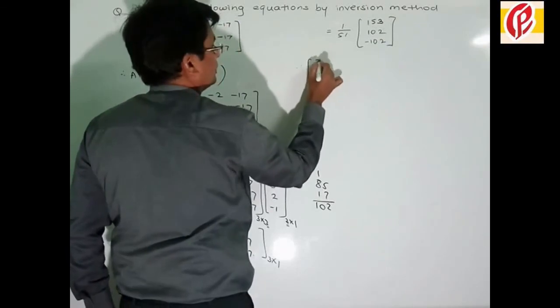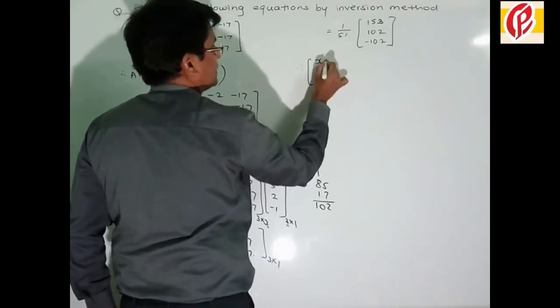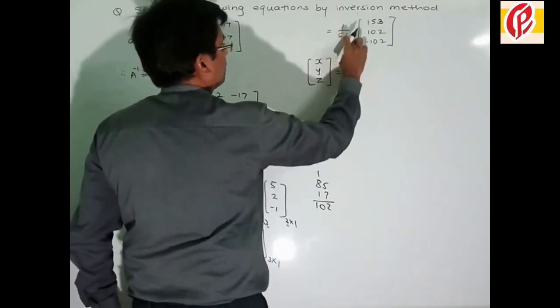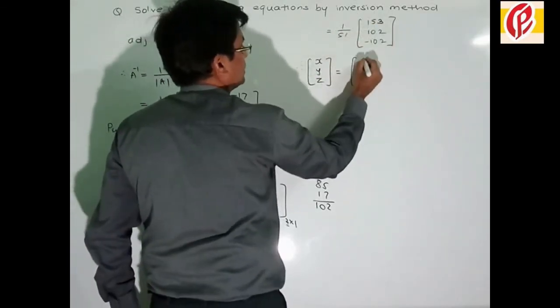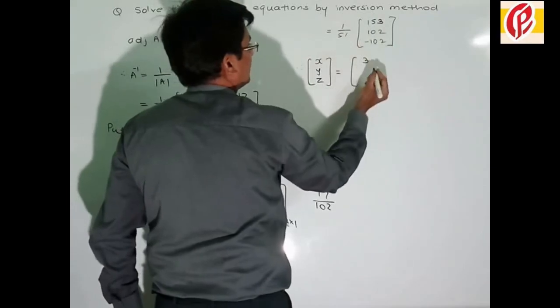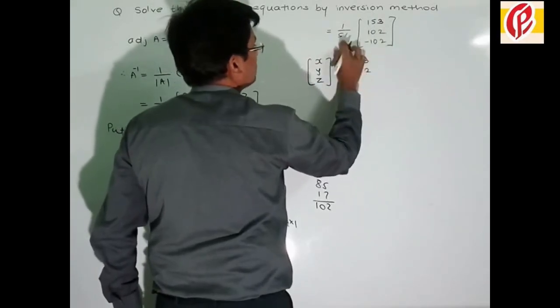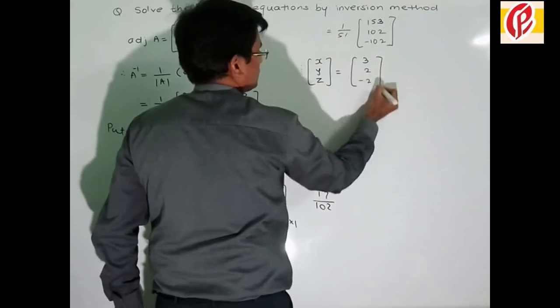Therefore variable matrix x, y, z is equal to 1 upon 51 into 153. 51 3s is 153. So here is 3. 51 2s is 102. So here is 2 and here is minus 2.